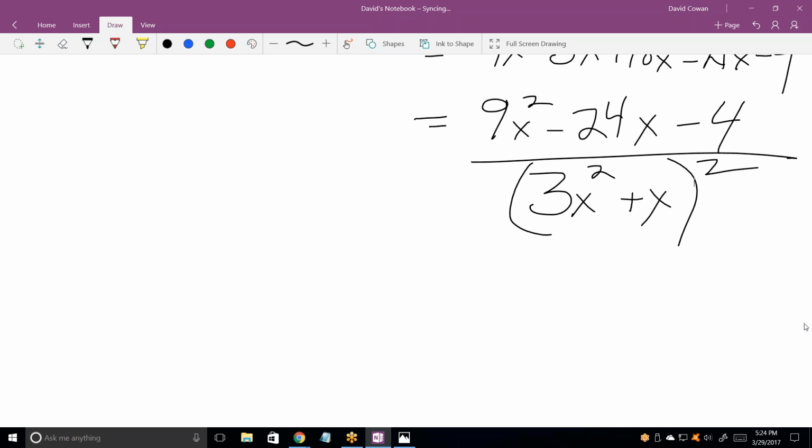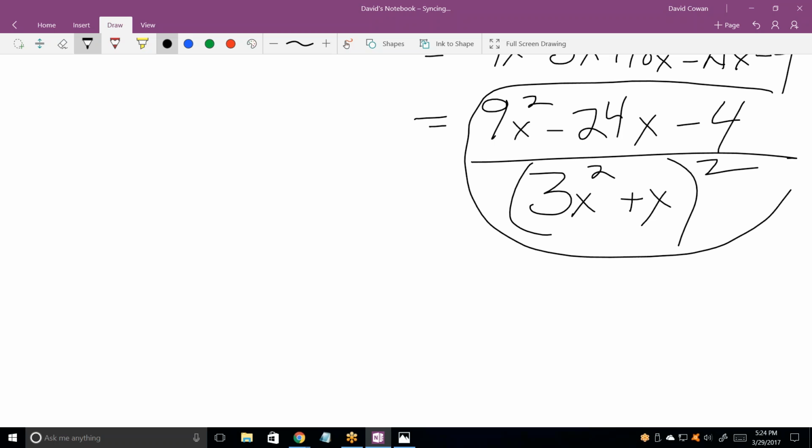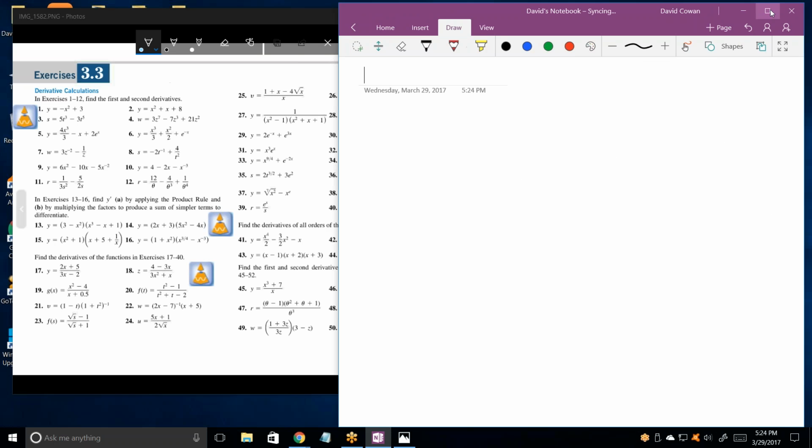And if you can't, there's no point in fooling with the numerator. In other words, if I can't come up with a factor that cancels, there's no point in factoring it. So this is a perfectly fine final answer, unless I made a mistake somewhere, which is always possible, but I don't think I did. Okay? Got it.